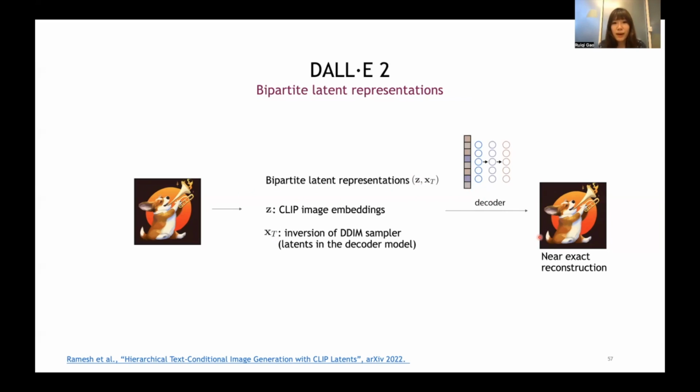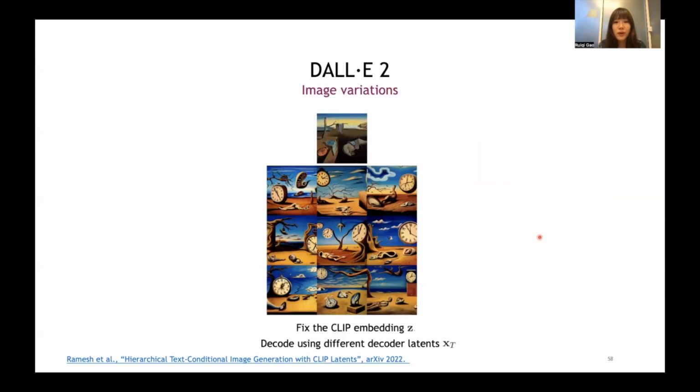And given this bi-part latent representation, the paper shows that it is possible to do several image manipulation tasks. For example, the image variation task targets getting multiple variants of an input image, with the hope of preserving the high-level semantic meanings of the input image. And this is achieved by fixing the clip embedding z while changing to different latents x_T in the decoder.